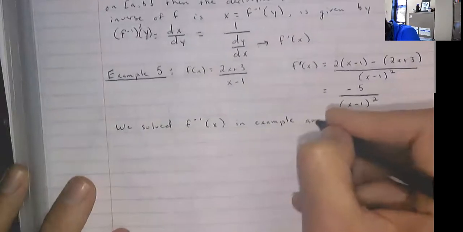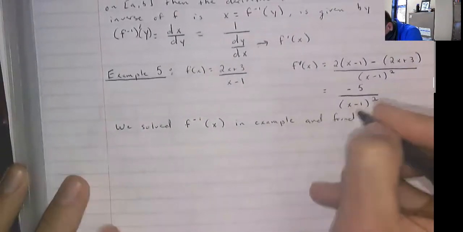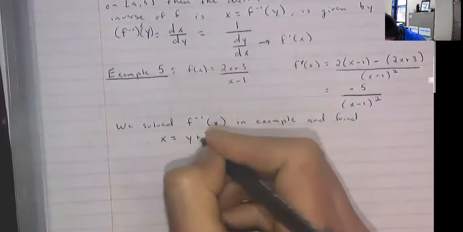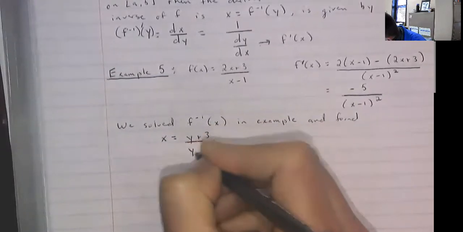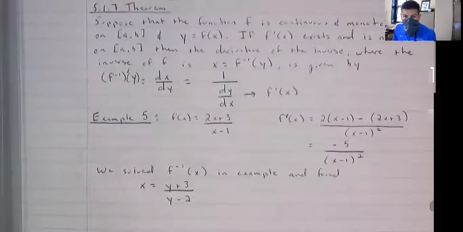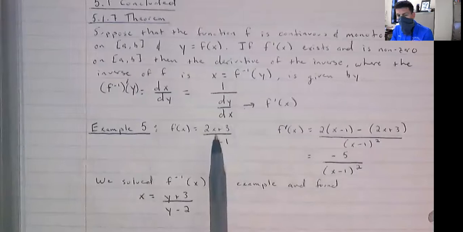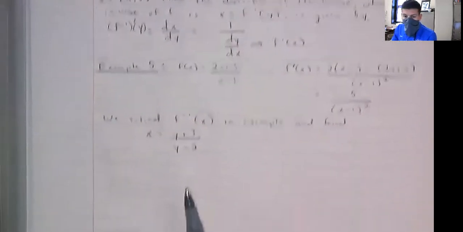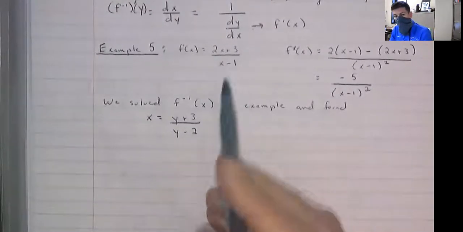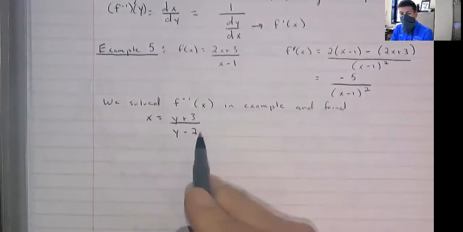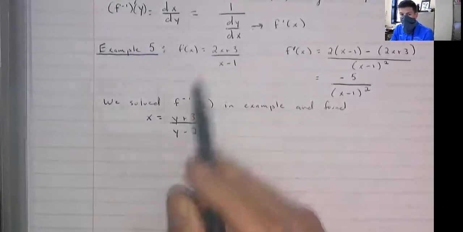And found x is equal to y plus 3 over y minus 2. So if I gave you some random x value and did all this stuff to it, the value that pops out, if you then do all this stuff to it, add 3 and then divide by that value minus 2, it'll give you back x.